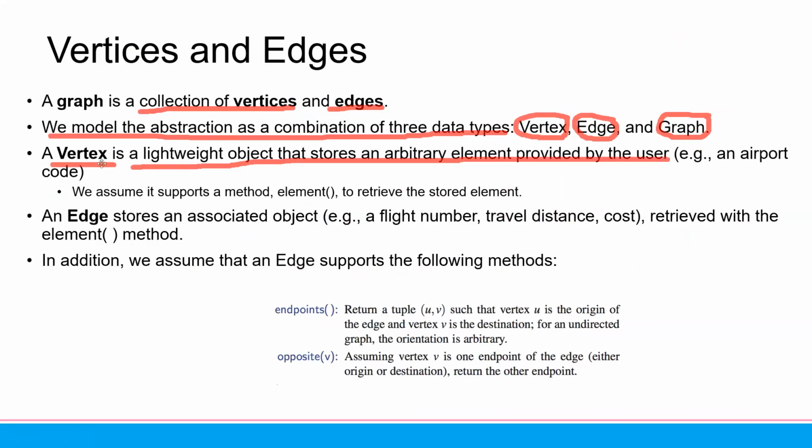So you can define the vertex as anything. In the example that we learned before, it is an airport. But you can define the vertex as a location, or in traffic, an intersection, etc. We assume it supports a method, element, to retrieve the stored element.